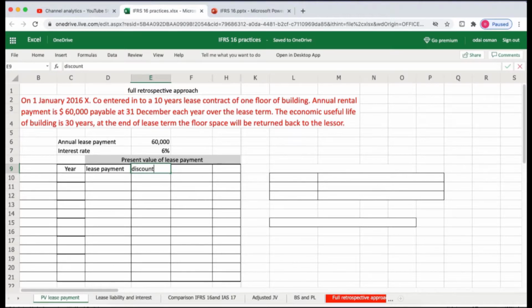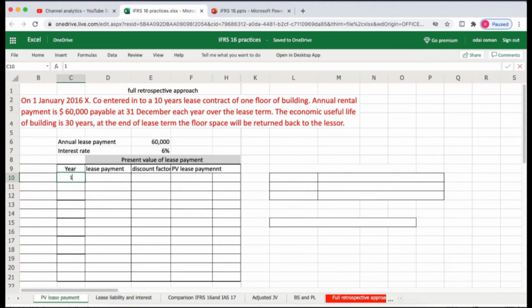We need to calculate the discount factor, and then we will have the present value of lease payments.